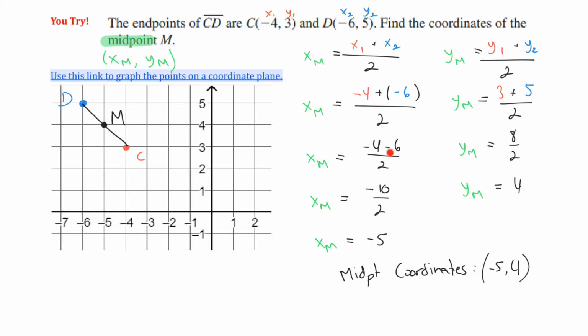So that just becomes subtraction. And the numerator here becomes a negative 10 divided by 2. Again, you can use the graph to go ahead and check to make sure that your answer or your coordinates are correct. But you want to make sure that you can actually do all of this work here. Last but not least, write your answer in coordinate form, please.